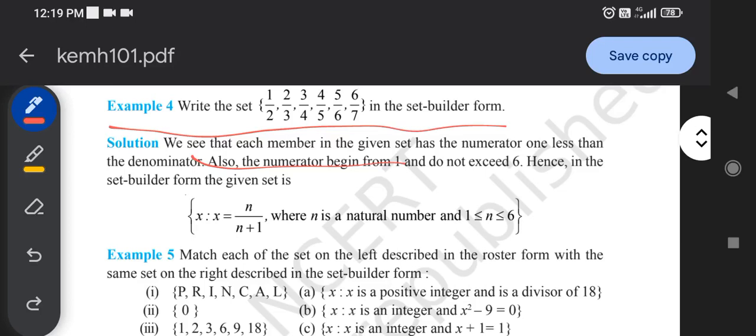Also, the numerator begins from 1 and does not exceed 6. Hence, in the set builder form, the given set is open brace x such that x is equal to n by n plus 1, where n is a natural number and 1 less than or equal to n less than or equal to 6.